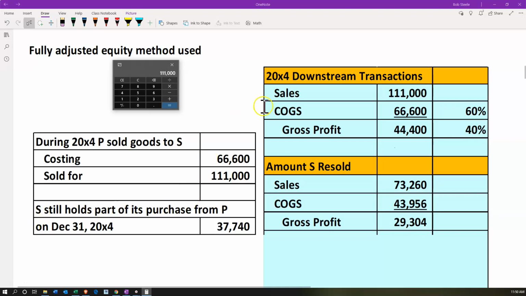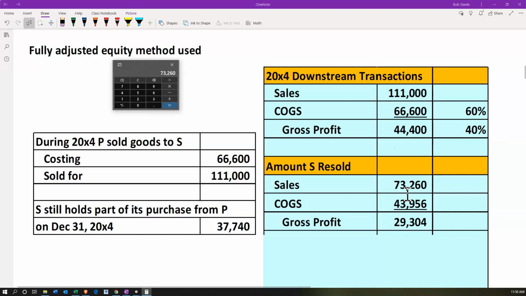Because we're trying to consider, of this amount up top, the sale, the cost of goods sold, the gross profit, how much of it was sold and how much of it still remains on the books in the form of inventory on S's books. So we're going to take that 111,000 minus the 37,740. That's going to give us the 73,260.